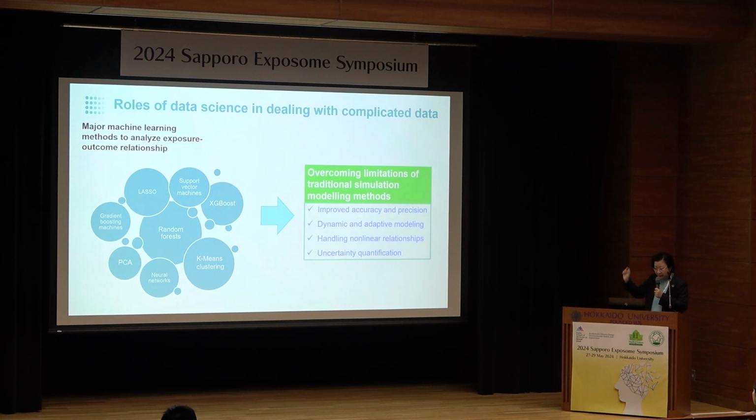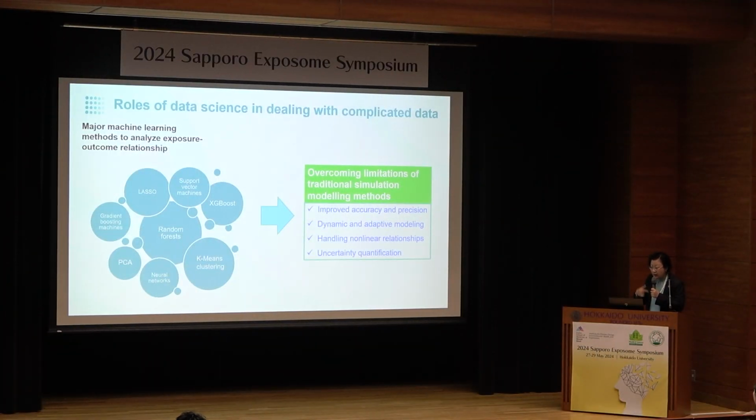So this is the current trend of data science in dealing with complicated data. So by using, for example, some major types of machine learning methods to analyze the exposure outcome relationship, which really overcomes the limitations of the traditional simulation modeling method.